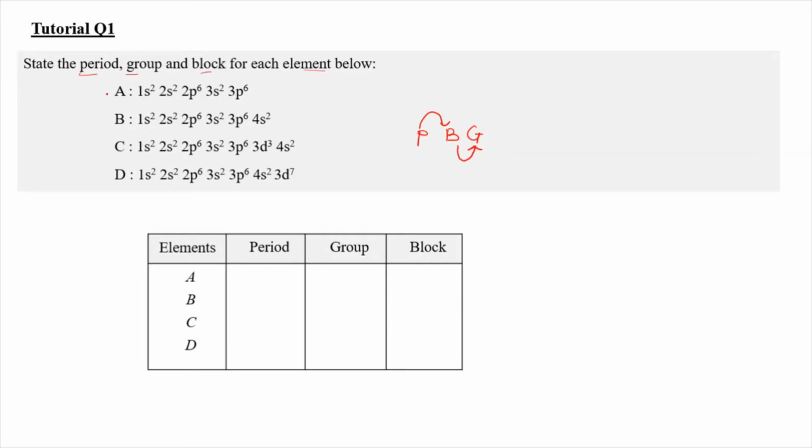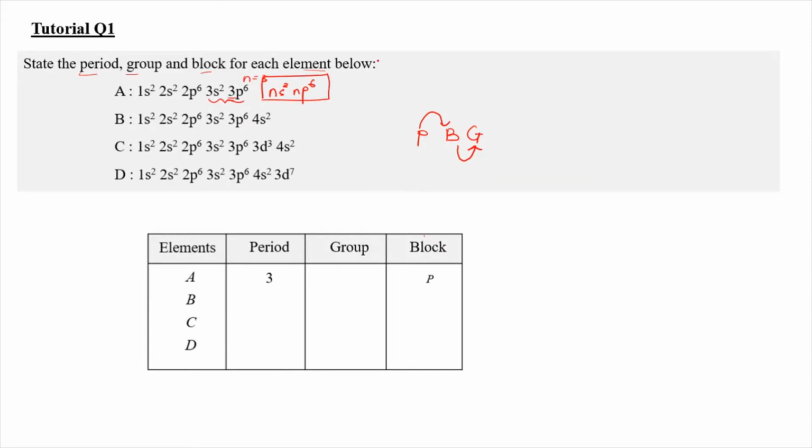For element A, you have a configuration of 1s2, 2s2, 2p6, 3s2, and 3p6. From this configuration, your period equals the highest principal quantum number, which is 3. From the valence electrons at n equal to 3, the configuration ns2 and p6 refers to the p block.